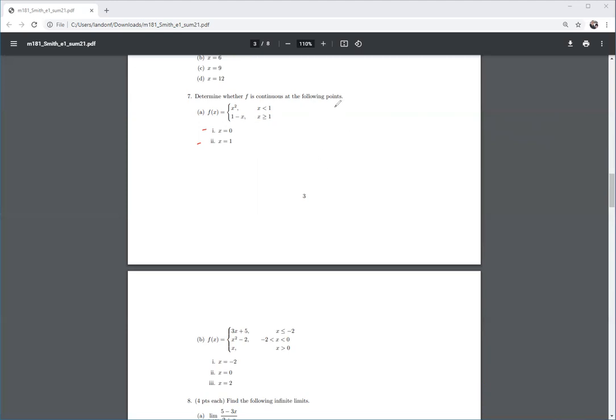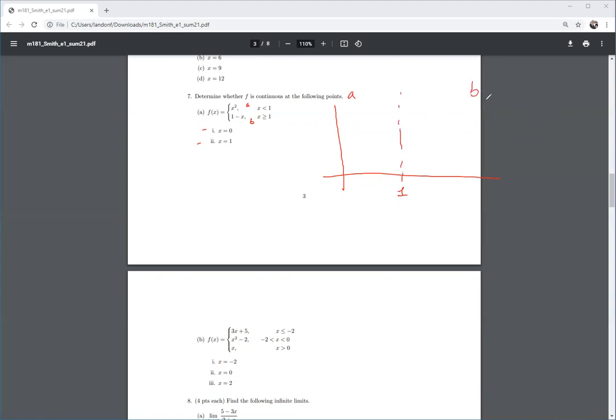So here, let's give graphing it a go. Our first function is when x is less than 1. So let's label 1 right here. I'll call this function A and this function B. Function A is over here.